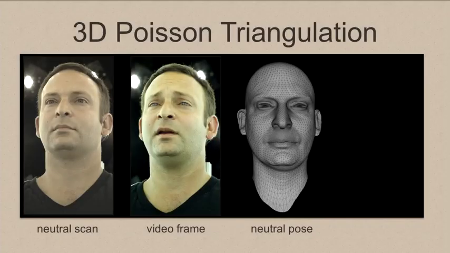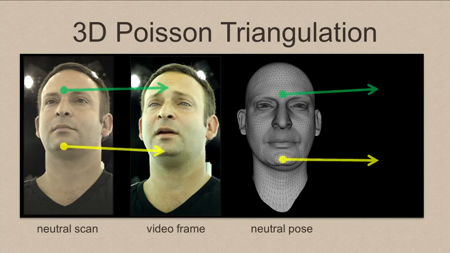Now, since we have that alignment, we can take images of the scan, which you see on the far left here. There's an image of the neutral scan. And we can take a video frame from the performance, which you see next, and we can use the optical flow vectors that we've computed and corrected using that drift correction method.